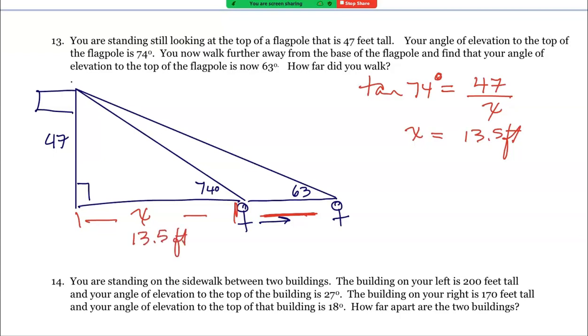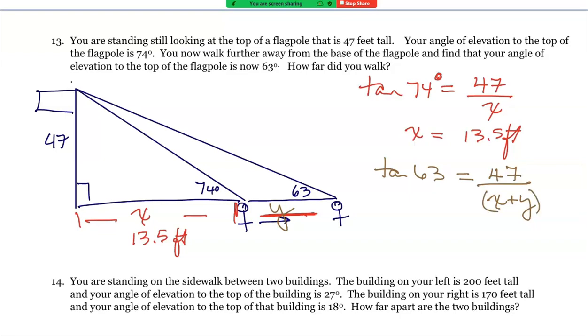Next one. You're now going to figure out where you are after you stopped walking. So you're going to use the tan of 63, and that's going to equal 47 over, we'll call this y, so over x plus y. Don't put anything in there, just leave it as x plus y.